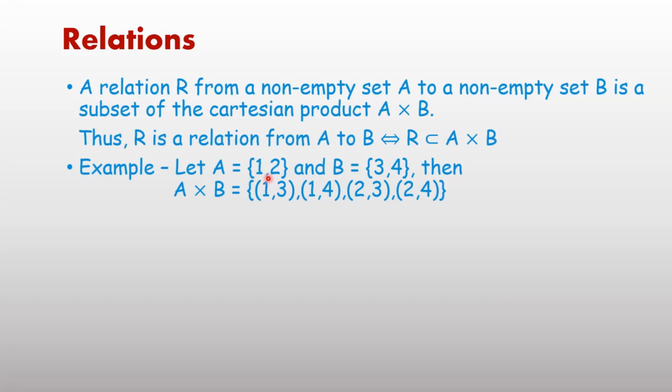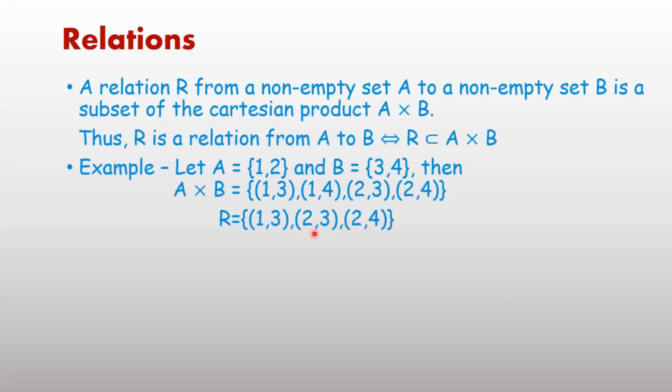Set A is given as {1, 2}, B as {3, 4}. Then A cross B, I hope easily we can write: all ordered pairs (1, 3), (1, 4), (2, 3), (2, 4). So there are 4 elements in A cross B. Just one example I have written here: relation R equal to {(1, 3), (2, 3), (2, 4)}.